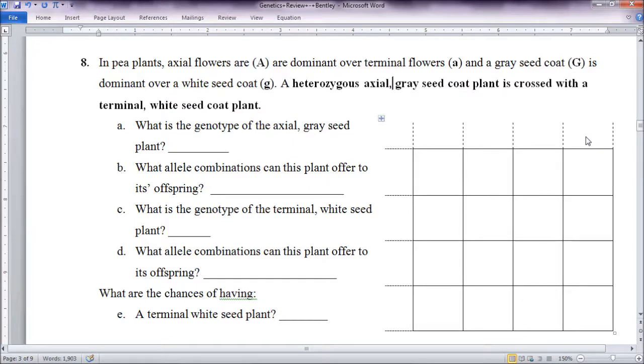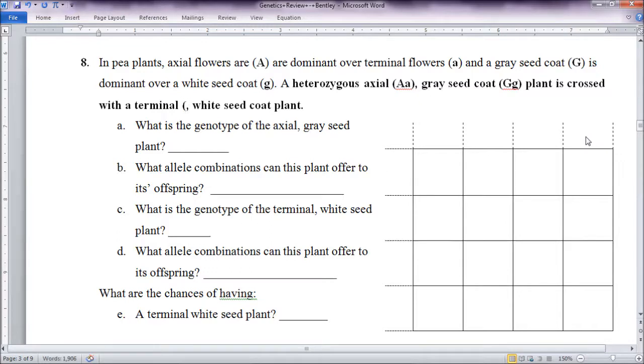Heterozygous axial will be big A, little a. If we assume that they were also talking heterozygous about the gray seed coat color, which is what I think they meant, we'll do big G, little g. This is crossed with a terminal.